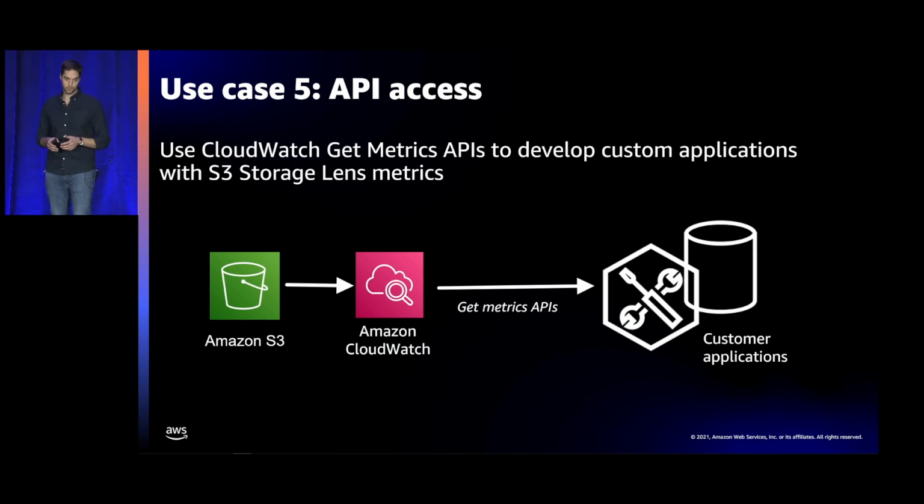For example, they're using the metrics data to join it with other internal data sets that include information about other metrics, or they're using Storage Lens metrics data as input for machine learning models to inform forecasting and budgeting. Our customers were doing that by using the metrics export function that is available in Storage Lens today.